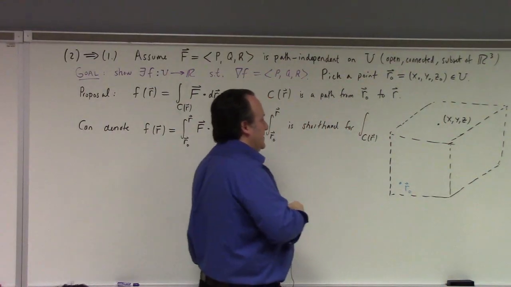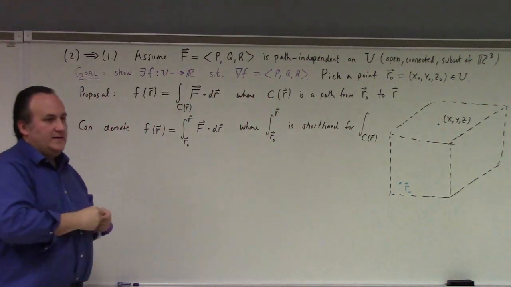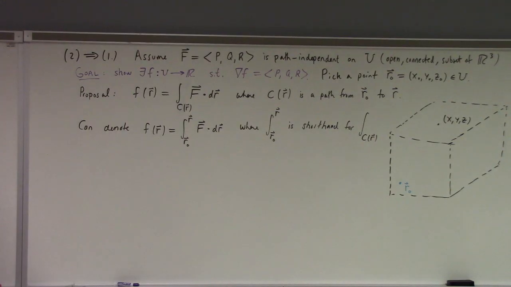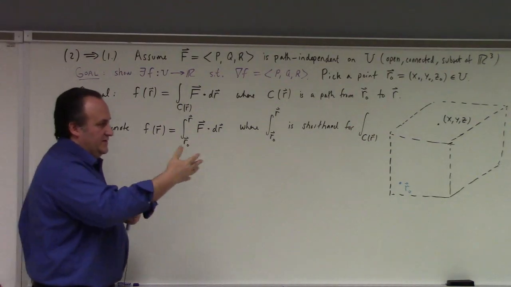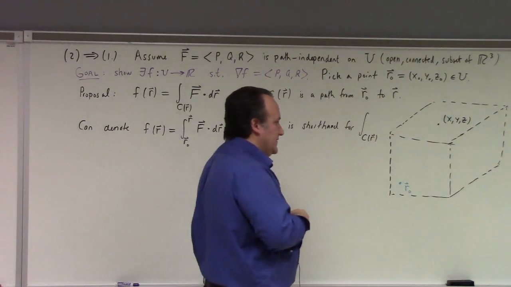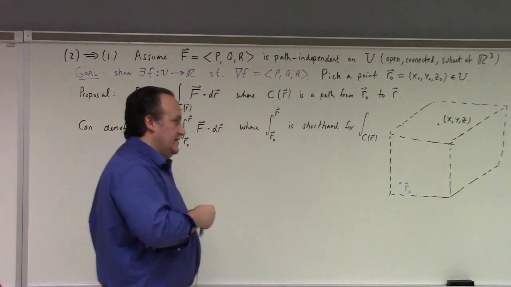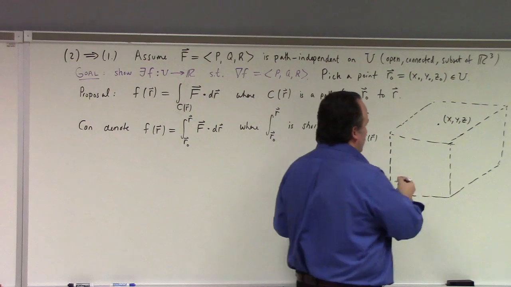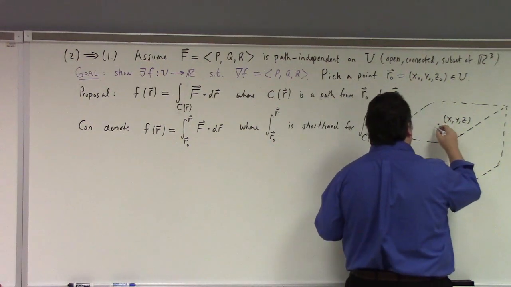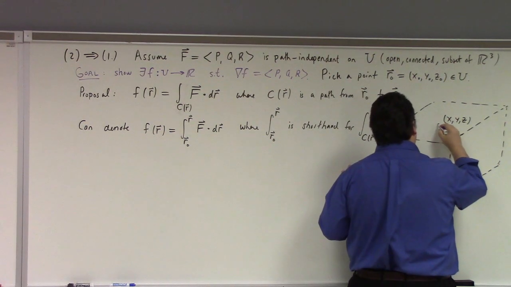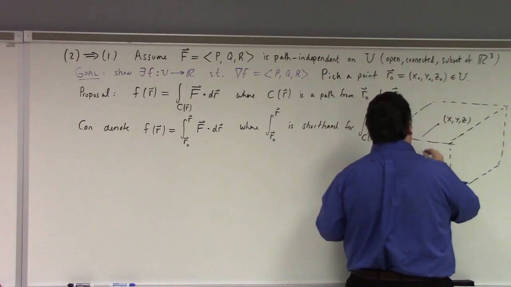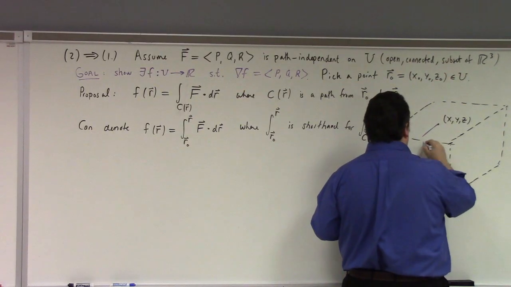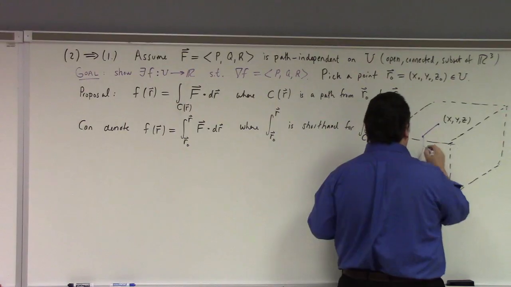Now, the path independence gives me that any path that I connect these 2 points with gives us the same output. So if we want to understand how this function changes in the x direction, it's helpful to find a path like this, and this point right here, this joining point.